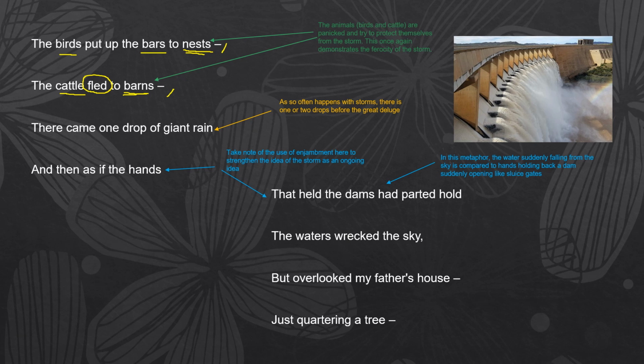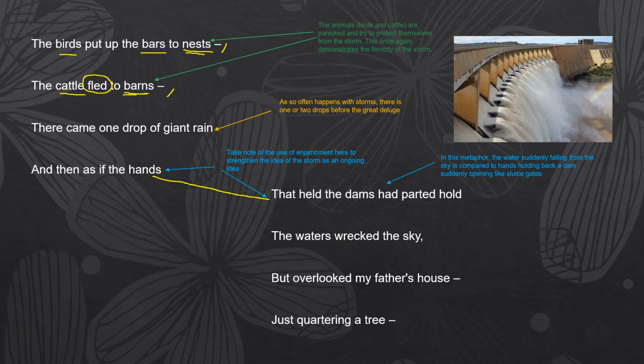And our next line says, and then as if the hands that held the dams had parted, hold the waters wrecked the sky. So we've got this sense here, we've noticed the enjambment here, we have this run-on line because this is something ongoing, and there's this image here of hands, almost like the sluice gates of a dam, holding back the waters in the sky, and then they part.